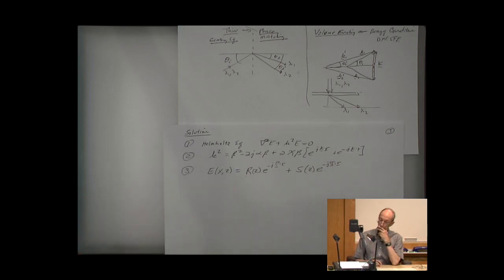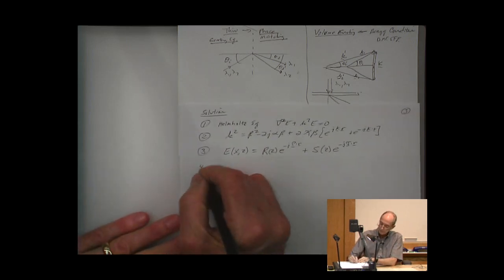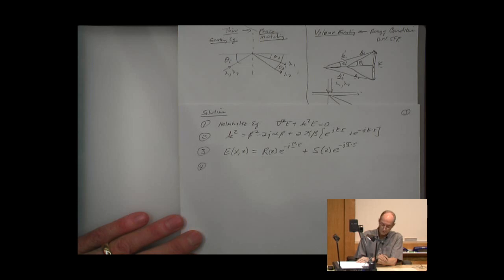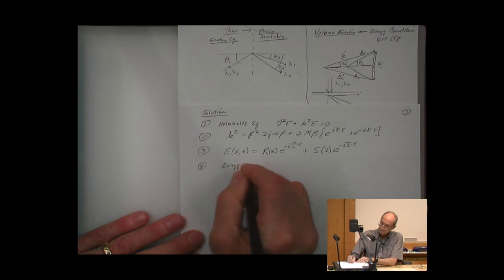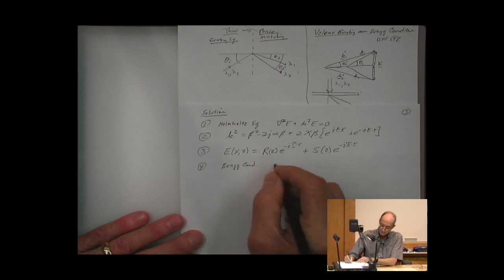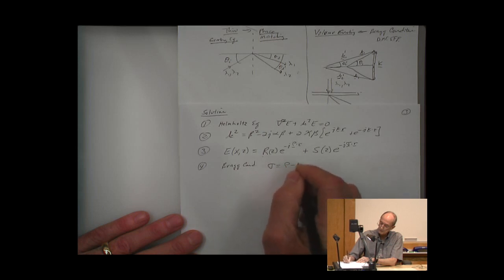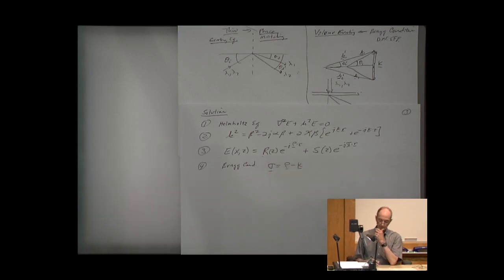Okay? So that is another element of our solution. And the final component that we're going to utilize is the Bragg condition, which is sigma equals rho minus k. All right, so what we have to do now is put all these things together and come up with a solution.